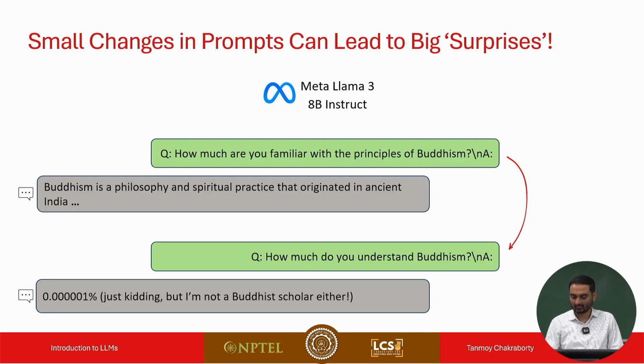Almost the same question, right? But this time it says 0.00001%, just kidding, I'm not a Buddhist scholar either. You see, my intention was to ask the same thing repeatedly, but this time the model thought I was joking.